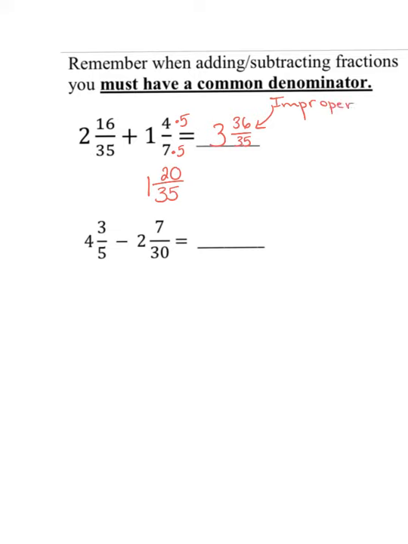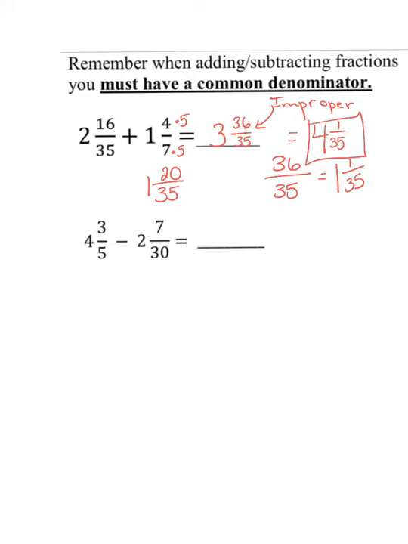So we need to simplify 36 35ths, which we know 35 can go into 36 one time with 1 35th left over. So I'm going to add that to the 3 that we already have. So our final answer is 4 and 1 35th.